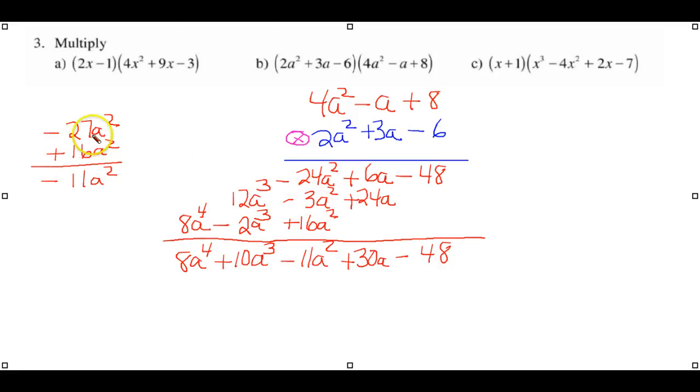I got a negative 27a off to the side. Then I had a positive 16, and then I got this. Now, can you see where you might make an error? You have 3 times 3, 9 places here that you are multiplying. Then you have 5 places where you're adding. So there's lots of little areas where you can make an error.